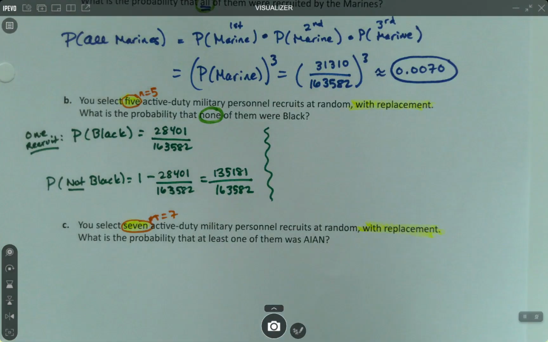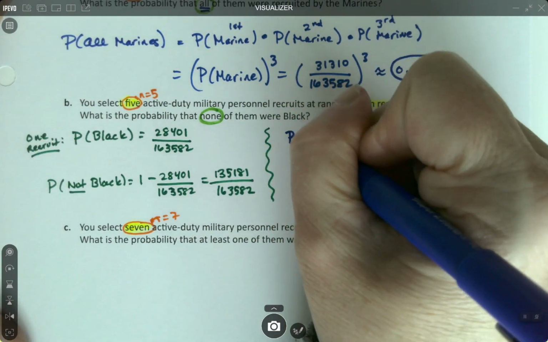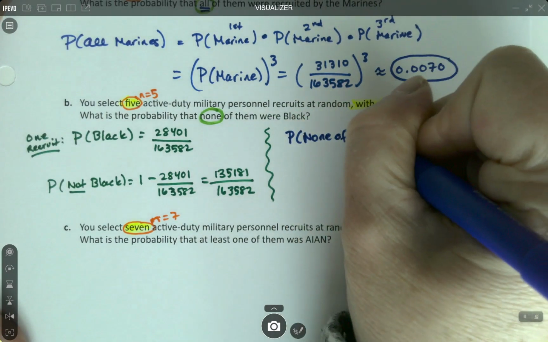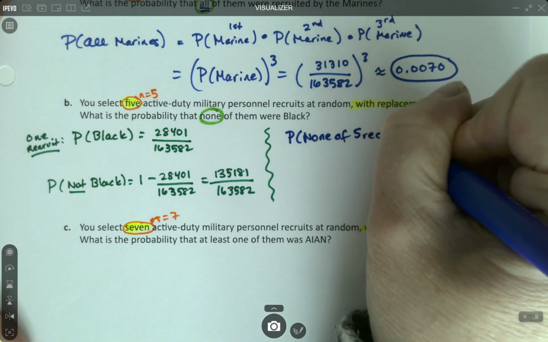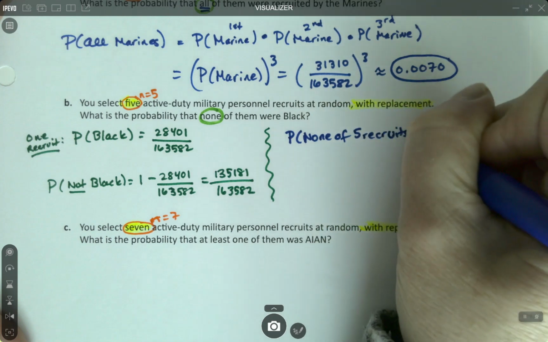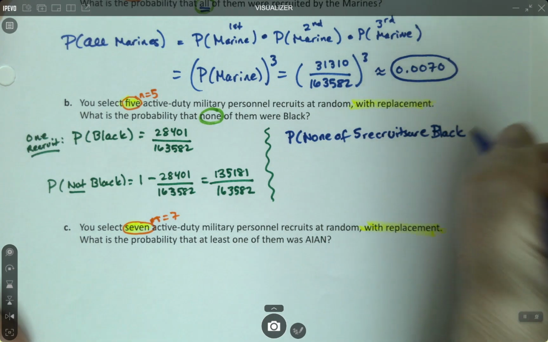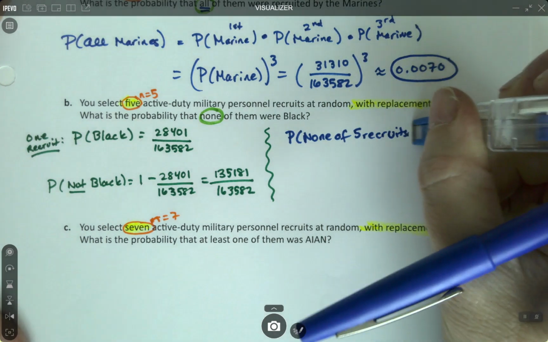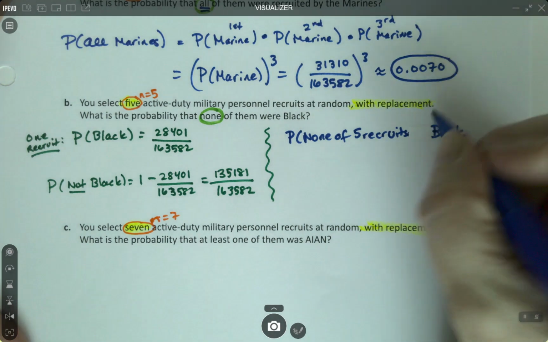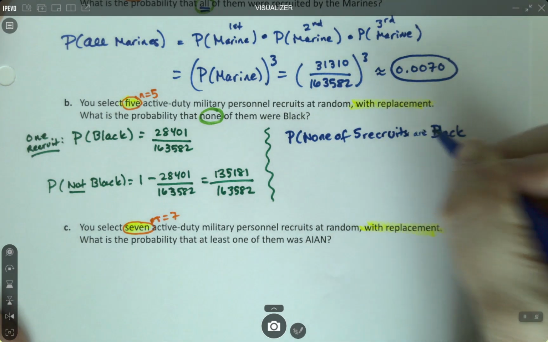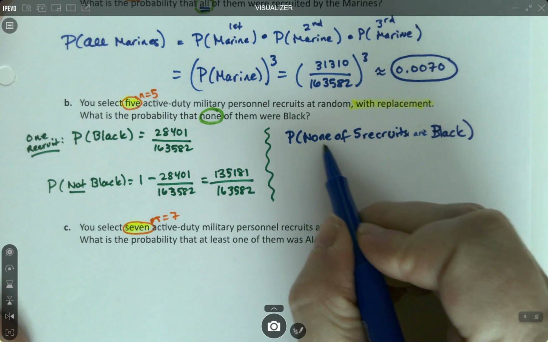So now I want the probability that none of the 5 recruits are black. None.